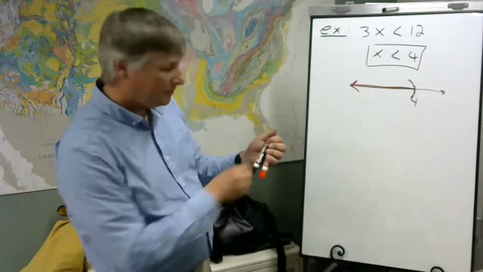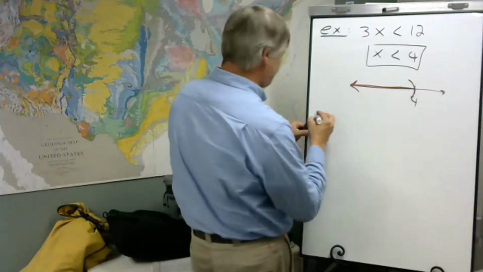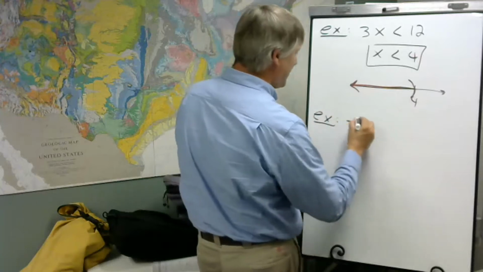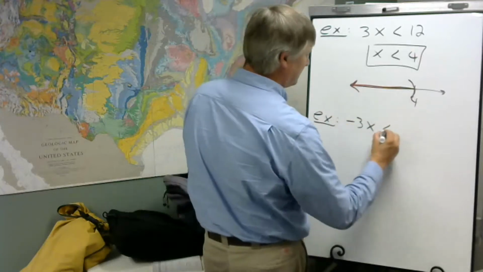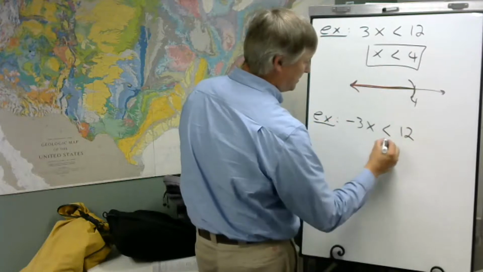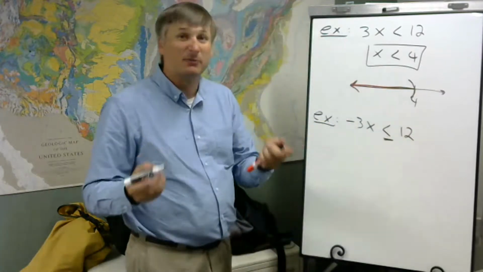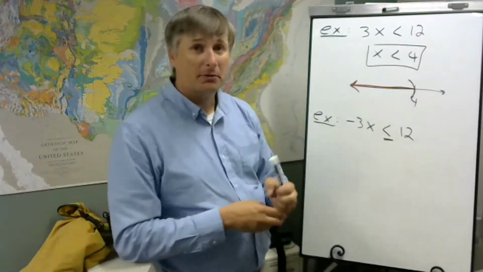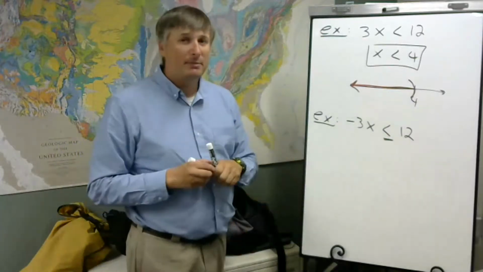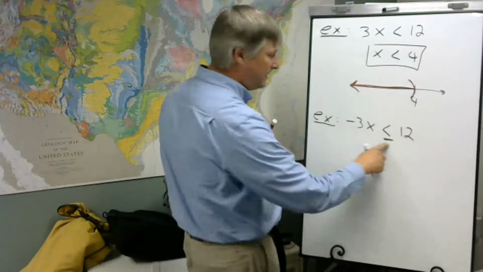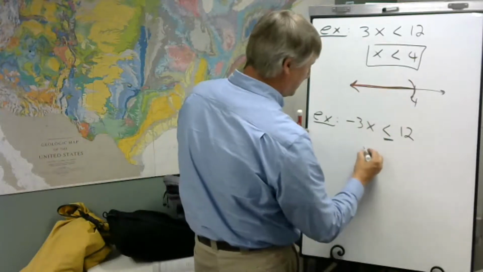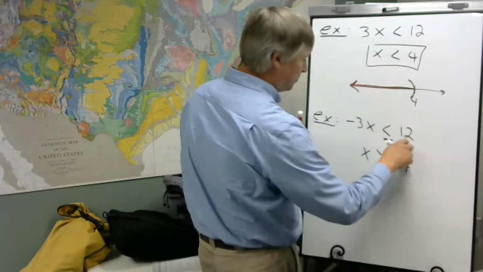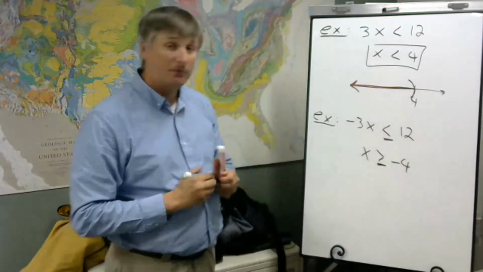Now, let's say we have this, though. Negative 3x is less than 12. And let's put an equal to in here, just to have some variety. Well, again, divide both sides by negative 3. But because we divide by a negative, this flips around to become this. Now, 12 divided by negative 3 is negative 4.